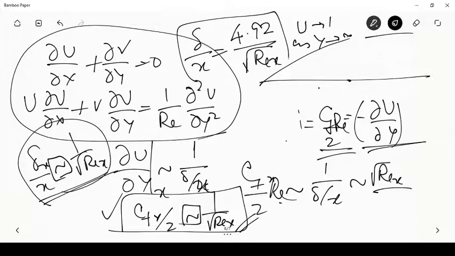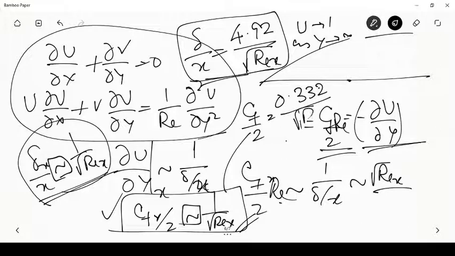This is one result that I get by completely solving this equation. Similarly, from this I get Cf by 2 equal to 0.332 divided by square root of Rex. This is the second result that I would get if I solve this analytically.